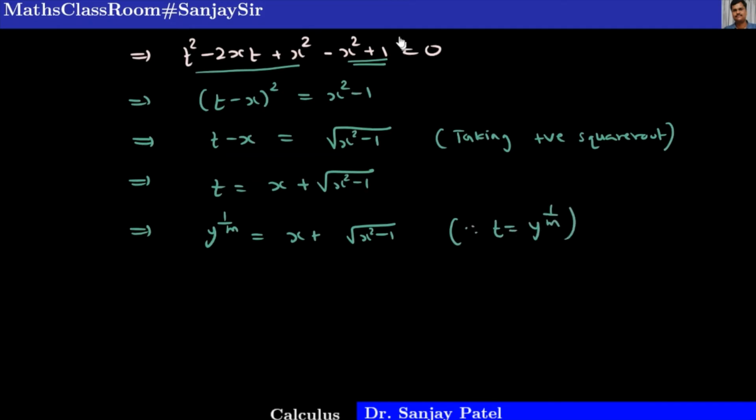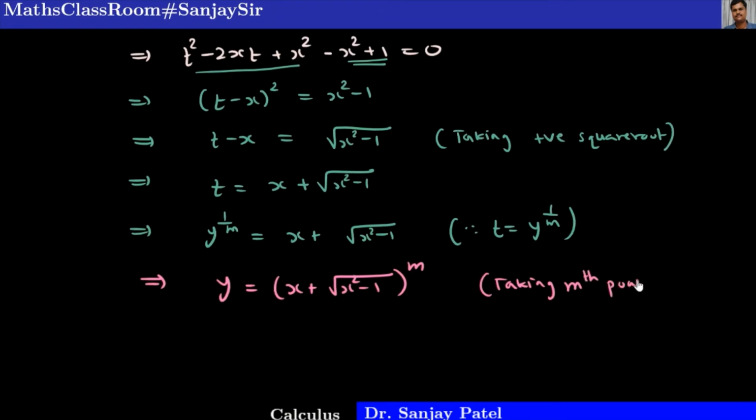Now taking mth power on both the sides, we get y is equal to x plus square root of x square minus 1 whole raised to m. What we have done is we have taken an mth power on both the sides.